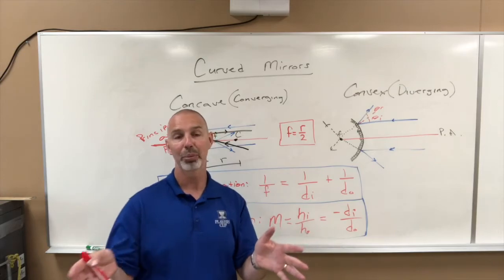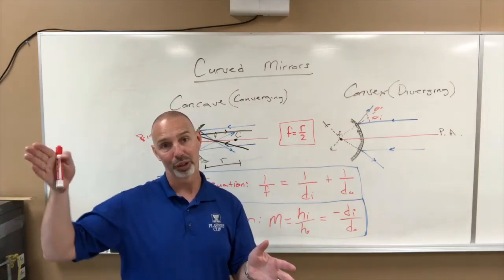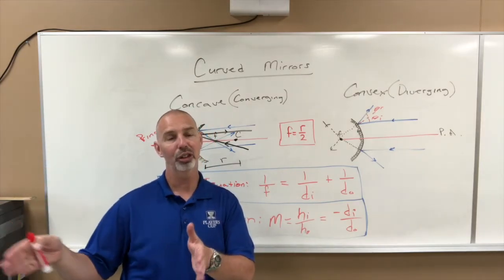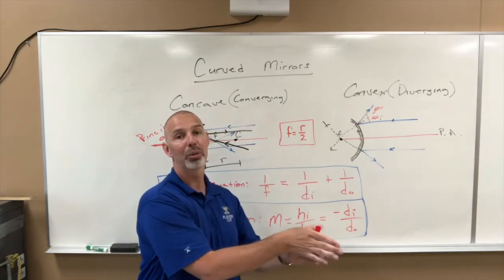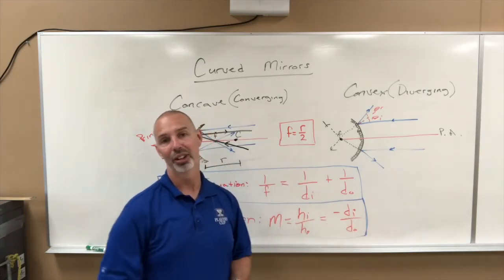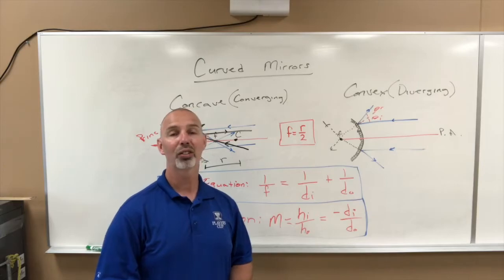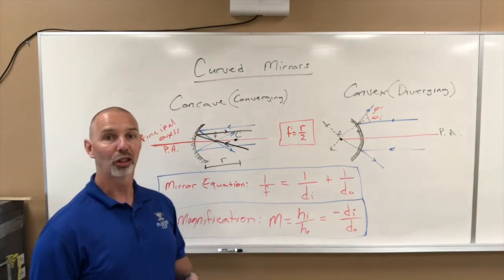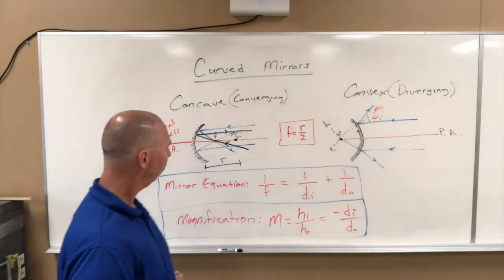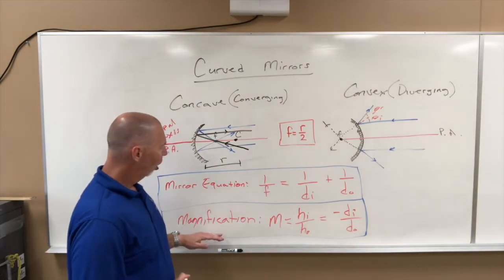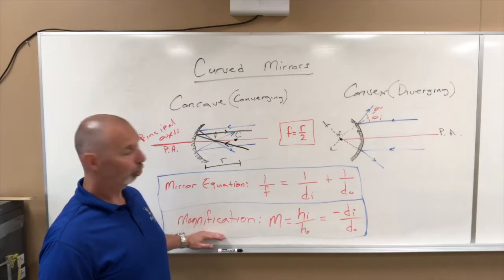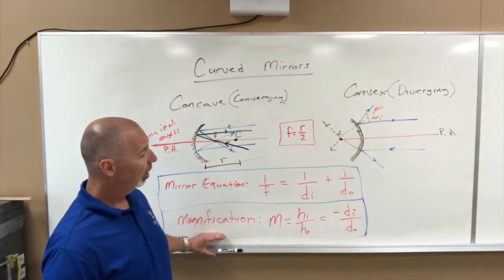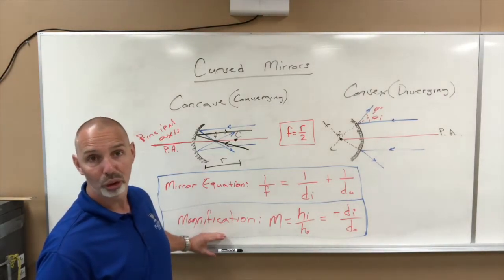Okay, so when we were doing plane mirrors, our object was in front of the mirror, had a positive distance. The image was behind the mirror, that would be a negative distance. Okay, and so positives and negatives just again tell us where the image is in relation to the mirror and the object. All right, and then with curved mirrors, there's a magnification aspect, and magnification is just a ratio.